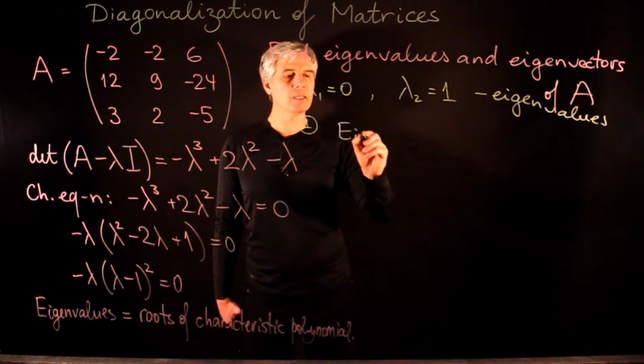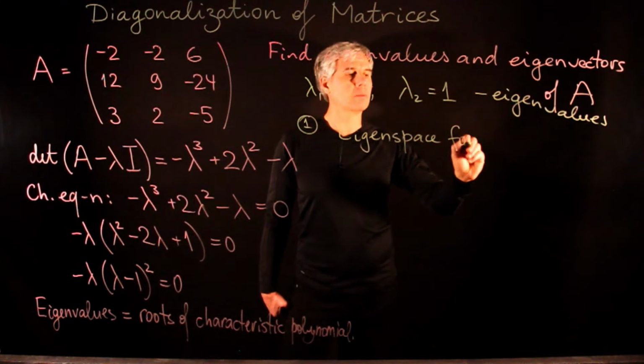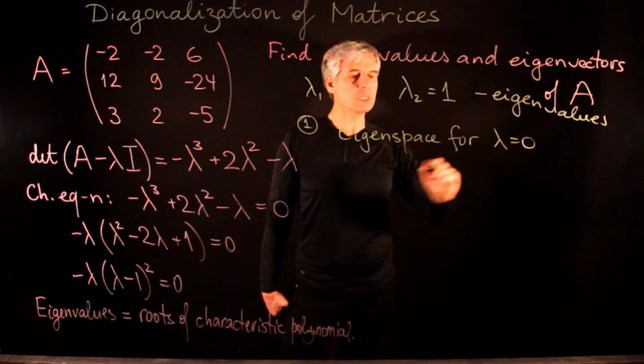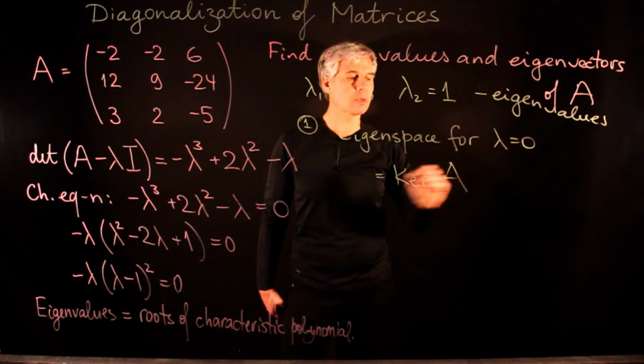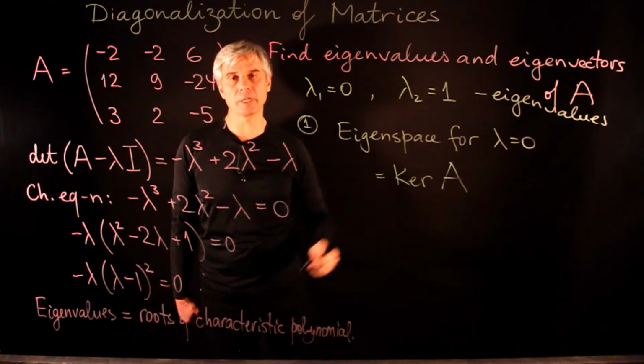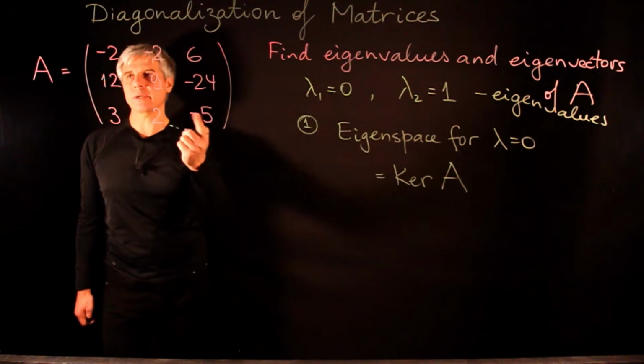So here the eigenspace for lambda equals 0 is just the kernel of the corresponding operator, or kernel of the matrix, or the null space of a matrix. To find this null space, we need to reduce this matrix.